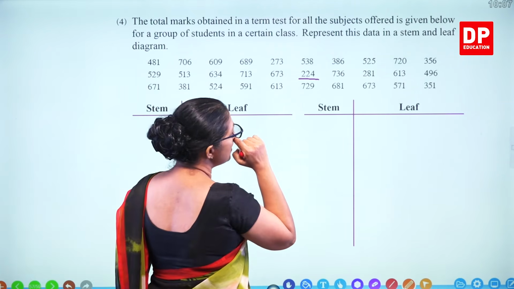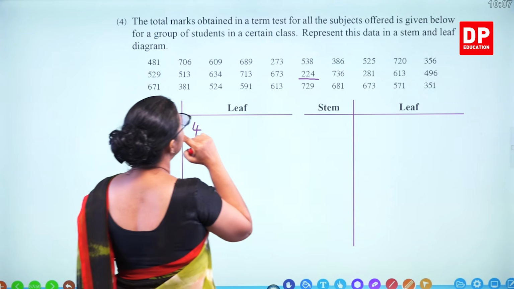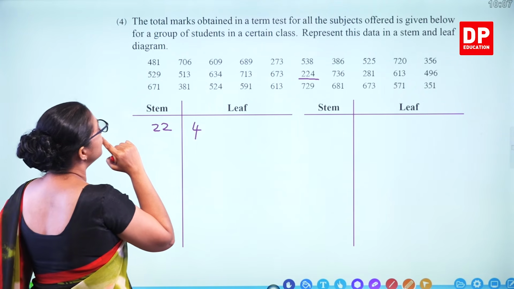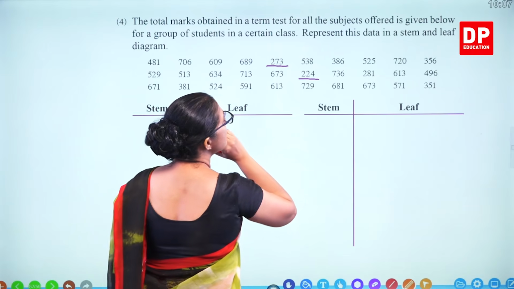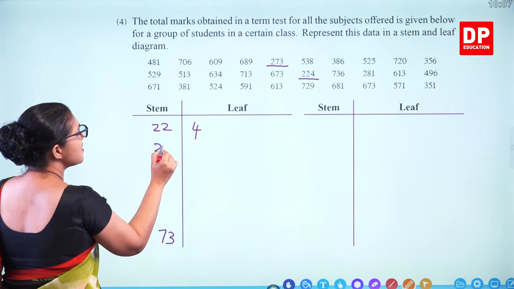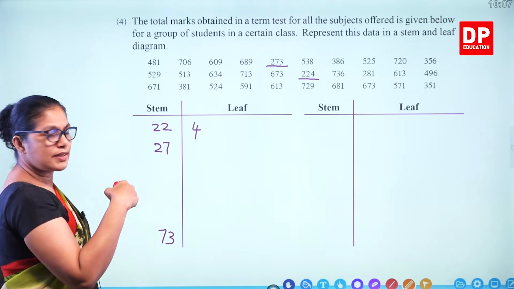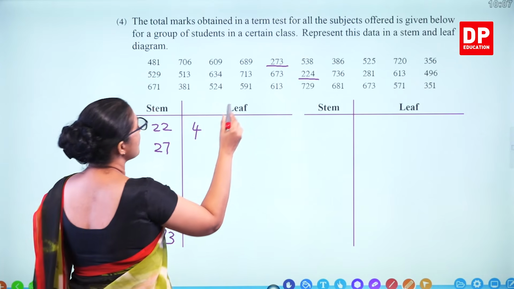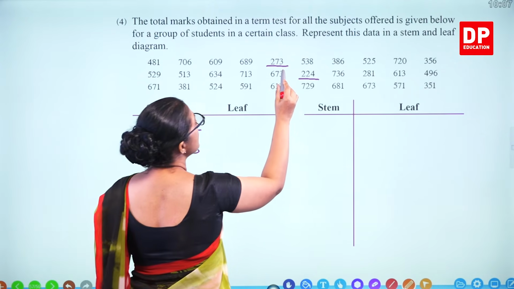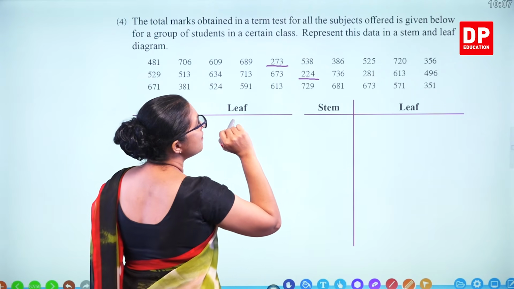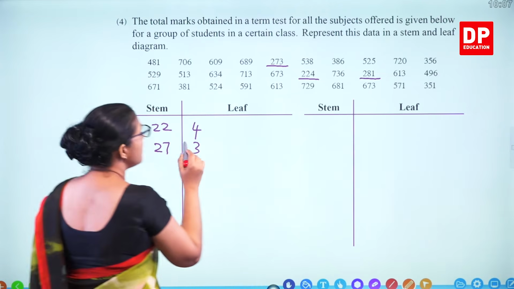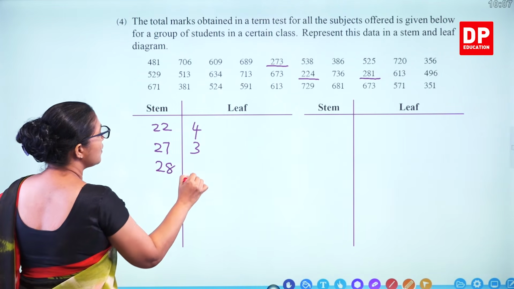What are the other 20s you get? Then 27 you get. So we can write 27. There's a gap. 273. And we have 281. 28 with 1.